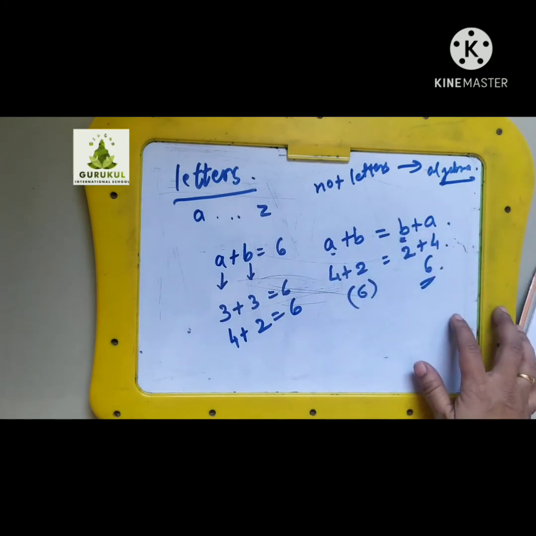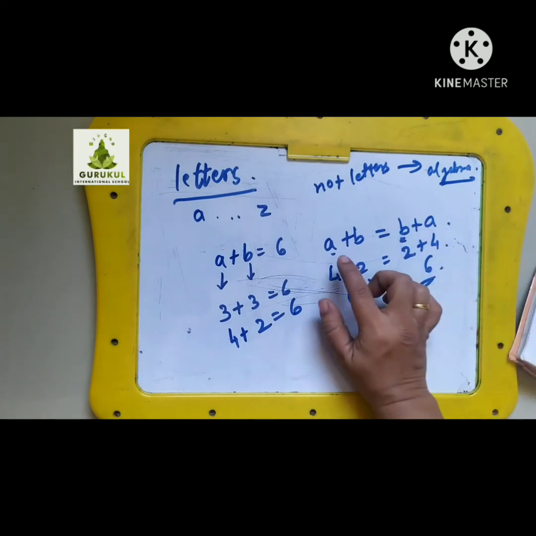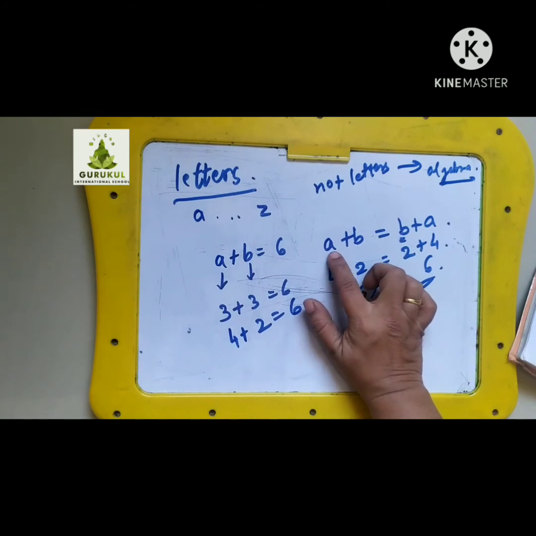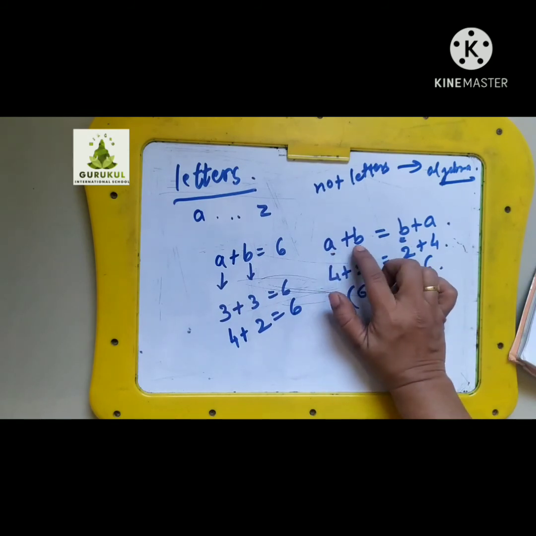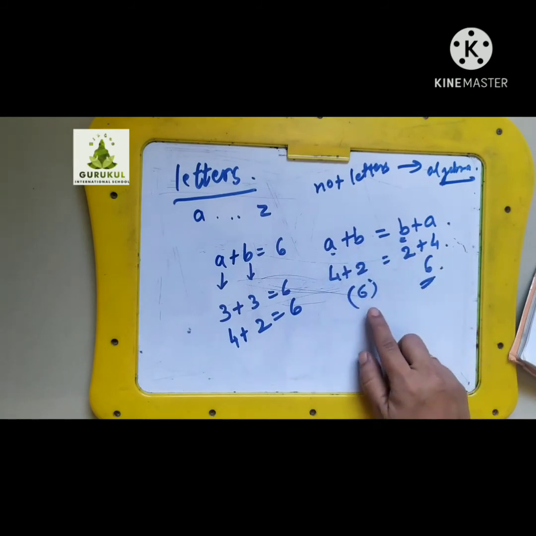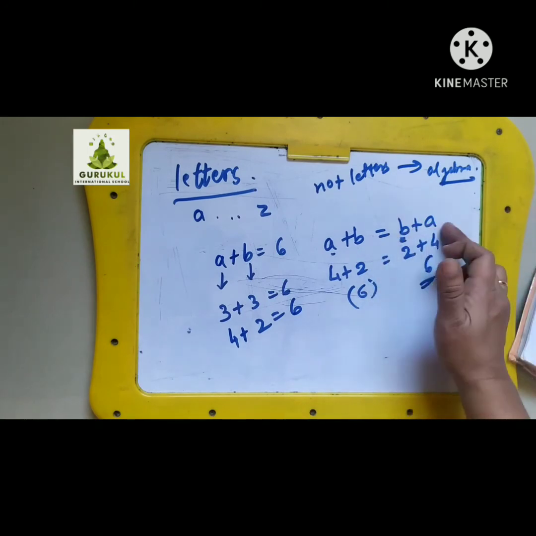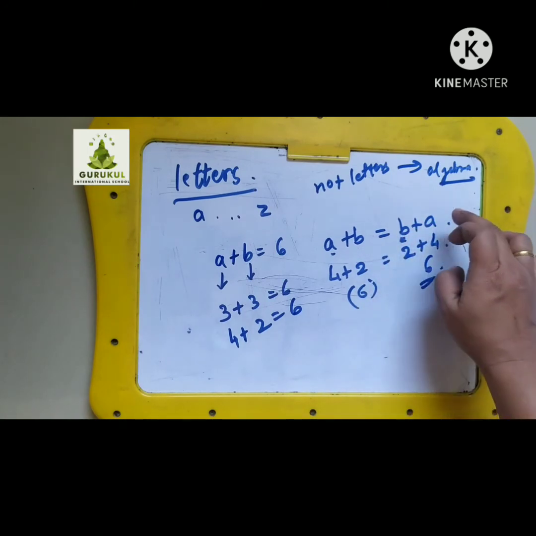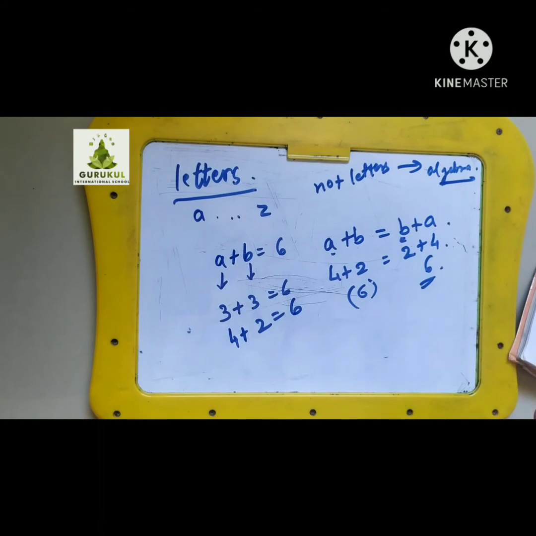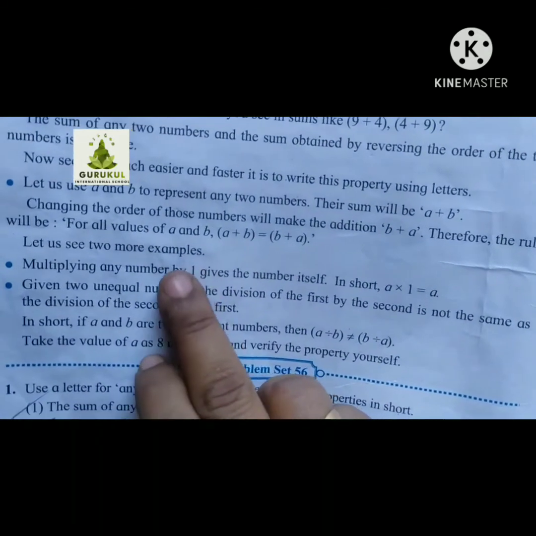So the first property, or the first rule, says that if a is any number and b is any number and their sum is any answer, if you change the order of a and b also, the answer is going to be the same. That tells you the first property.